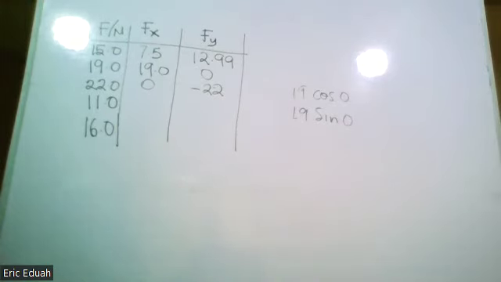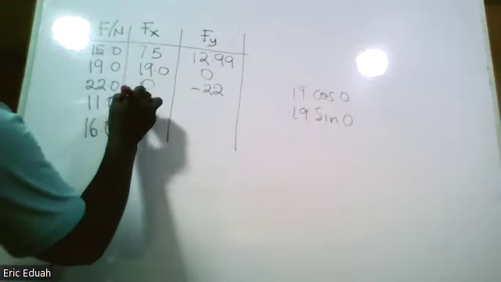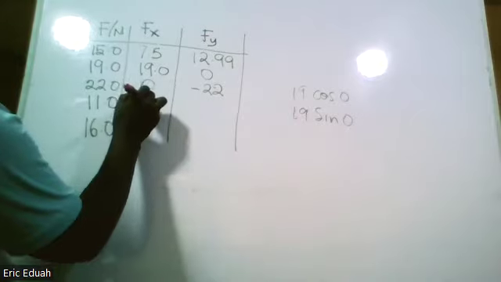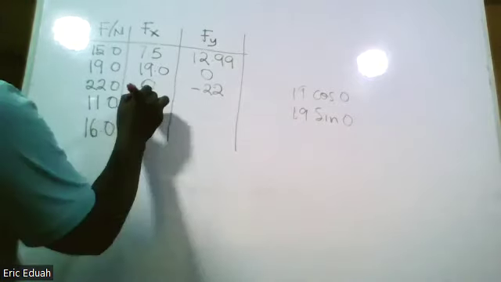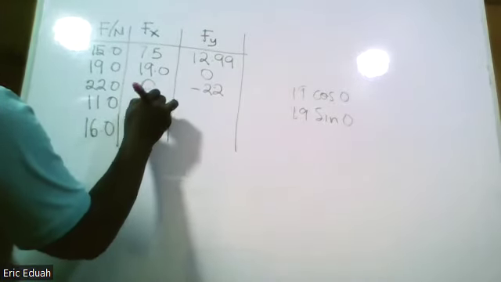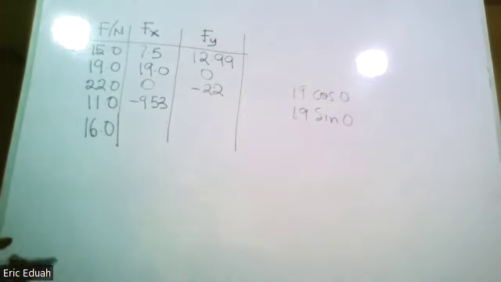So 11 times cos 30 is minus 9.53. I'm approximating it to 2 dp.